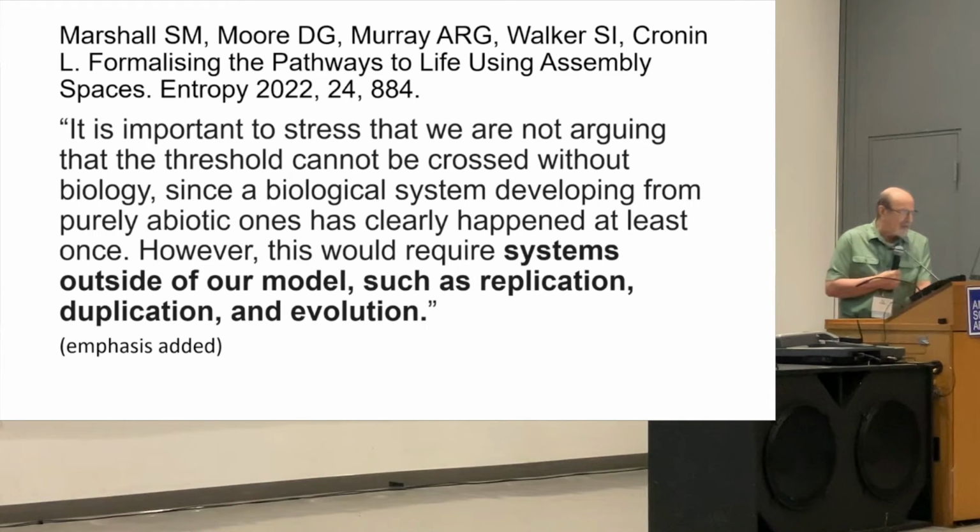And then another paper was published, which I found later in Entropy a year later, by the same authors, who said it is important to stress that we are not arguing that the threshold cannot be crossed without biology. That is an argument that seems to come from the data, but they're saying they're not saying that, since a biological system developing from purely abiotic ones has clearly happened at least once.